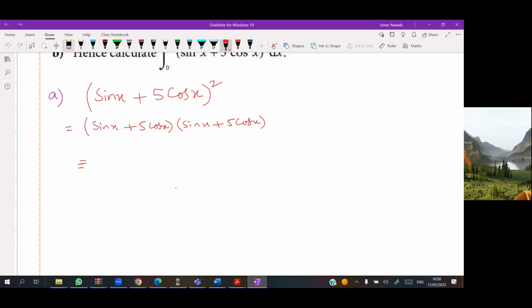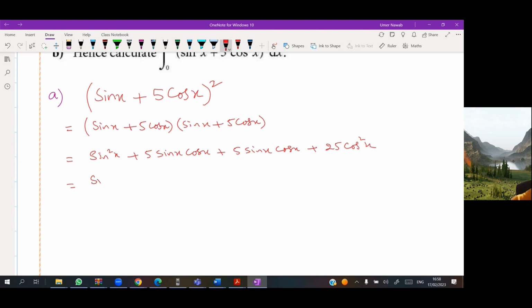So multiply sine x with sine x, it gives you sine square of x, and then 5 sine x cosine x, then again 5 sine x cosine x, then 5 times 5 is 25 cosine square of x.